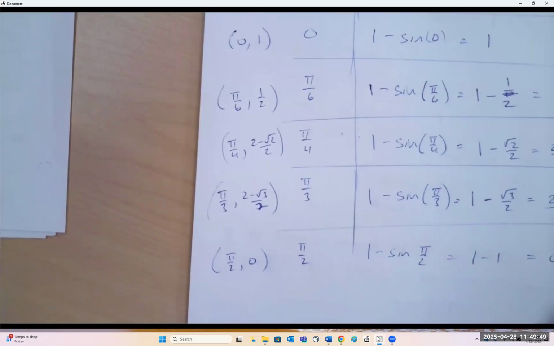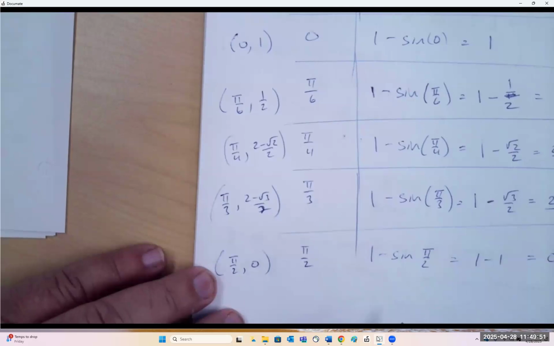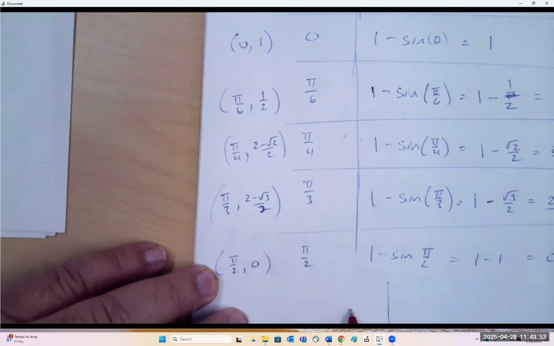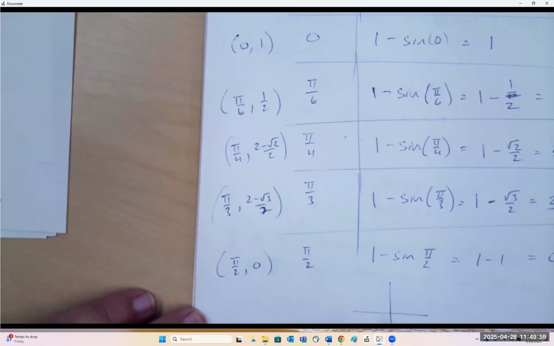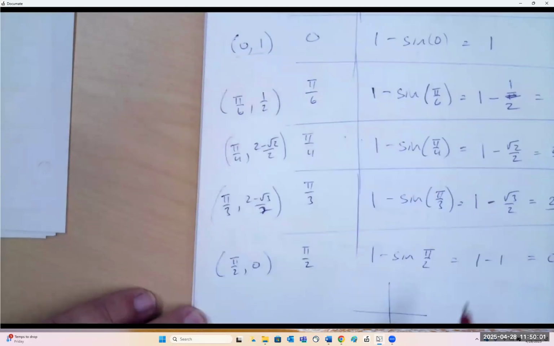Now, the interesting thing about graphing these points. For example, the point 0, 1, the radius is 0.